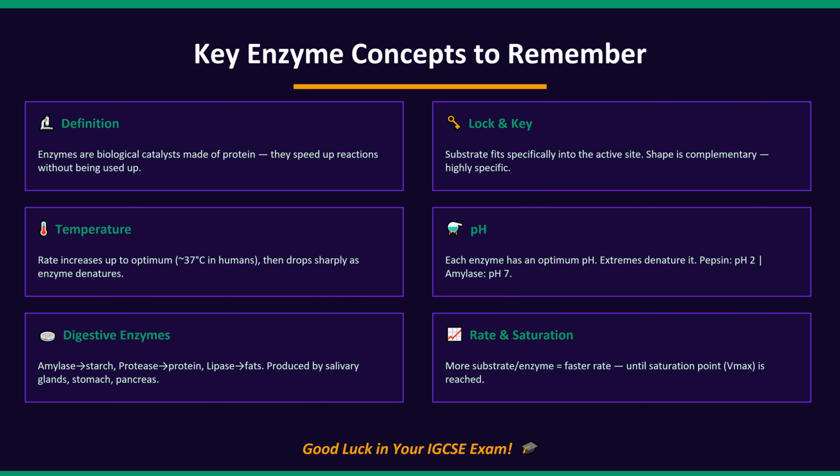At last, here are the key enzyme concepts to remember. These 20 MCQs are the most important and most repeated MCQs for any kind of exam, for IGCSE, for grade 9, for grade 10th level. So here are some key concepts. First, the definition of enzymes. Enzymes are biological catalysts made of proteins.